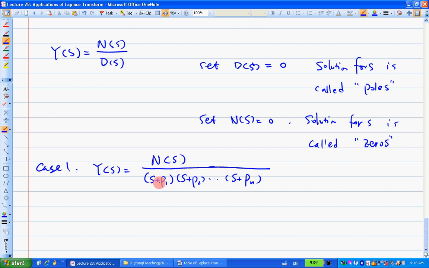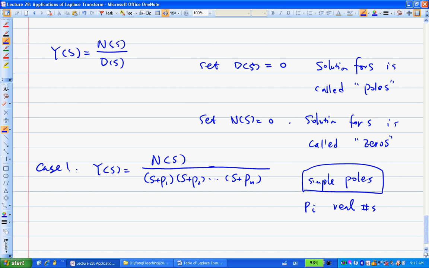When s equals negative p1, s equals negative p2, s equals negative pn. Those s are poles. So this is the case we call simple poles. All of the poles here are real numbers.